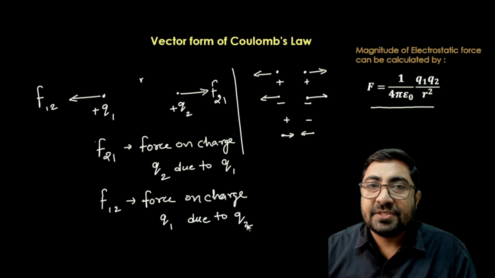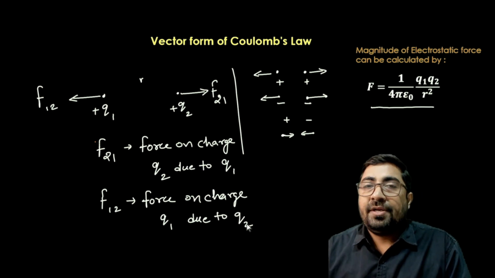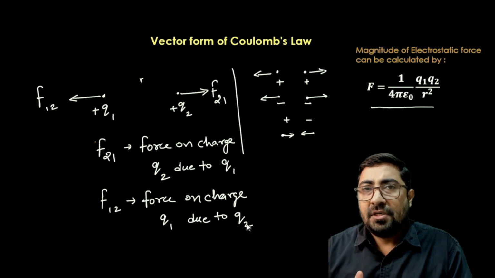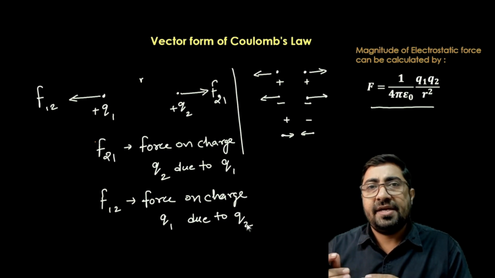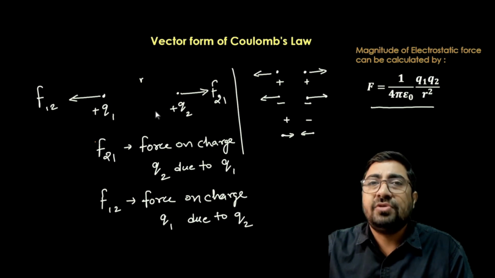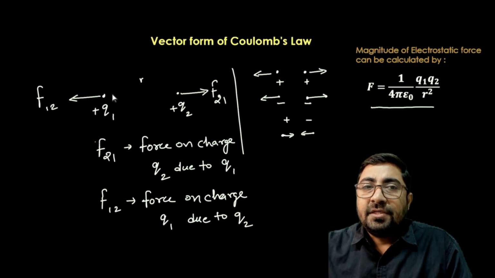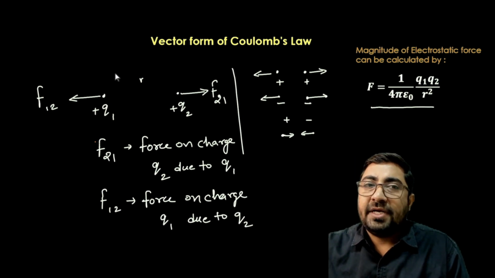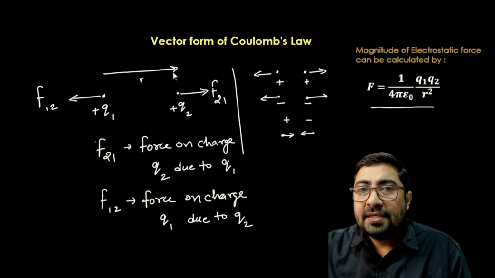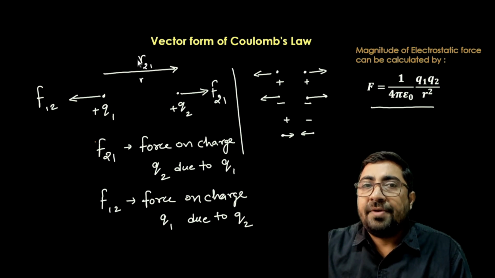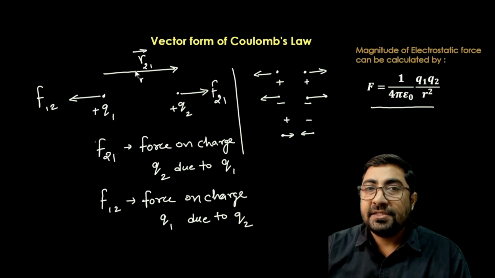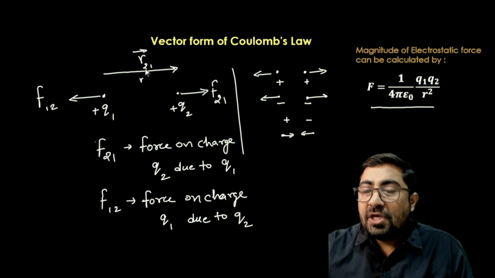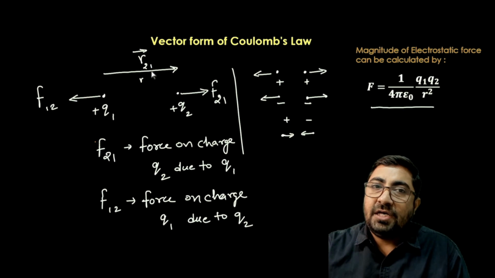If you want to represent the position, in many books there are many types of notations. Different authors write different notations, but I usually use this: the distance from charge q1 to q2, I write as r21 with the vector sign, that is the position of charge 2 from charge 1.